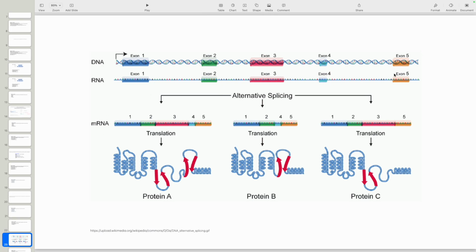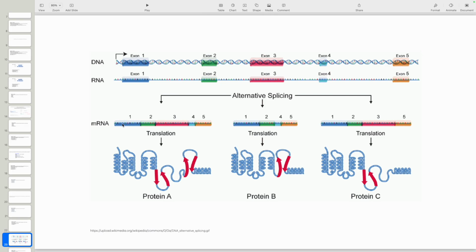Let's suppose there are 5 exons in a particular gene. The mRNA can form including all the exons, or it can exclude one of the exons and form a different mRNA, while again excluding another exon and forming a different mRNA isoform. It can also happen that there is only one exon, or just a combination of 2 exons. So they are basically forming the mRNA isoforms.